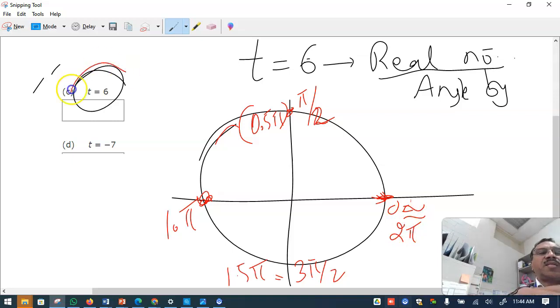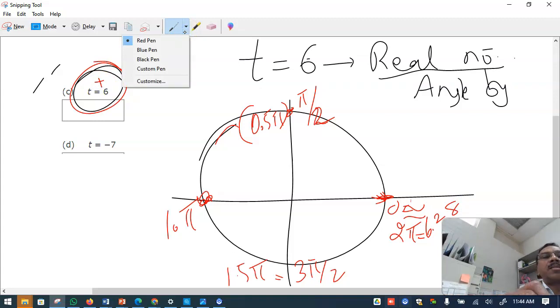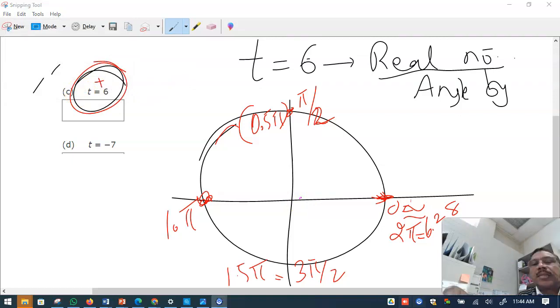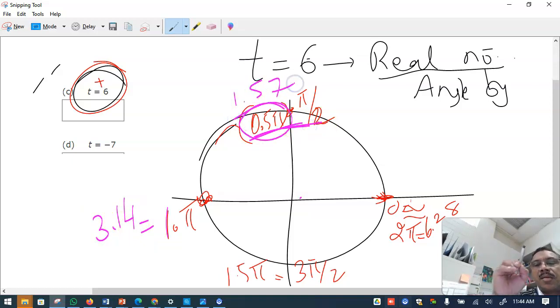Now, they gave us 6. So where is this 6 angle? Now, 2 pi basically means 6.28. So this is going in the counterclockwise direction. Now this is 1 pi, which means 3.14, and this is 1.57 also.